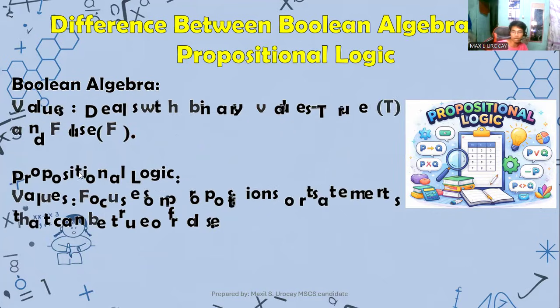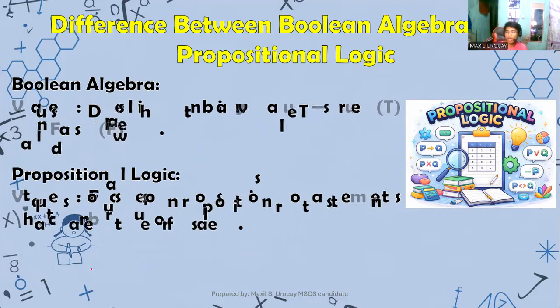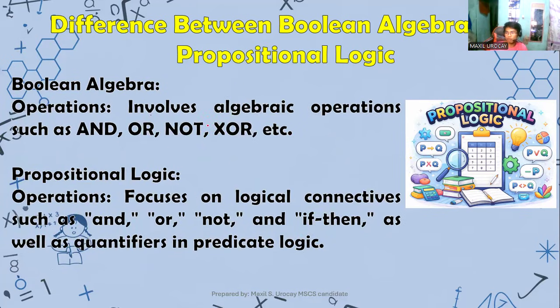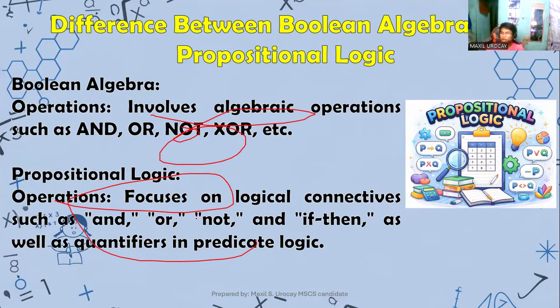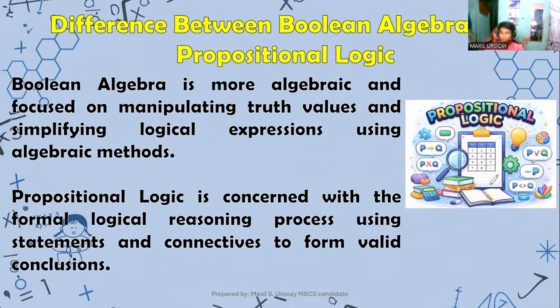We also have the values: Boolean algebra deals with binary true or false, but propositional logic focuses on propositions or statements that can be true or false. For operations, Boolean algebra involves not, or, and, and so on, while propositional logic has or, not, if-then, and so on. However, they actually have the same operations and values, I mean how to calculate, it is the same.